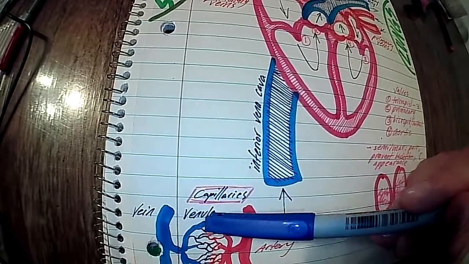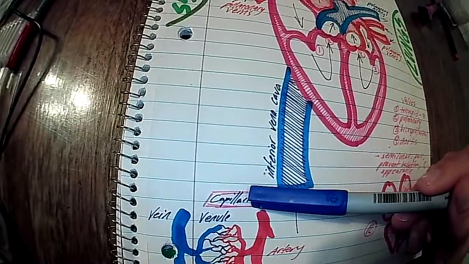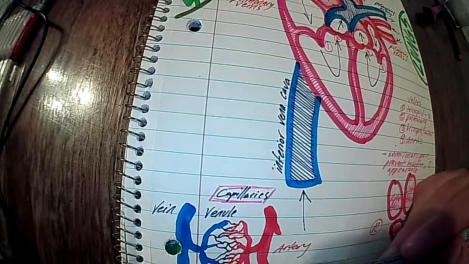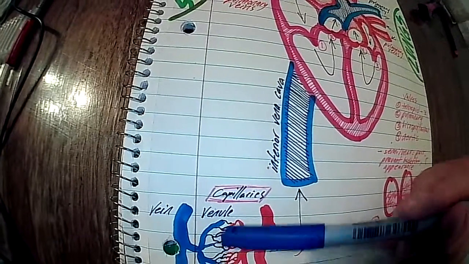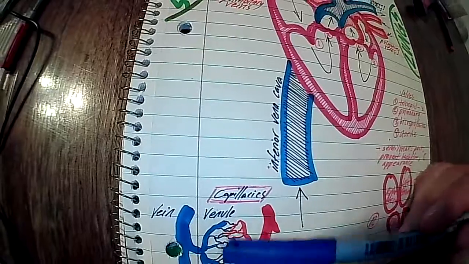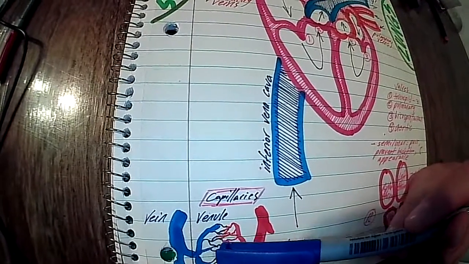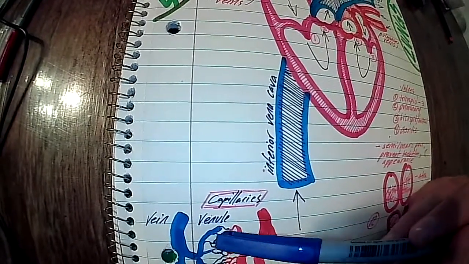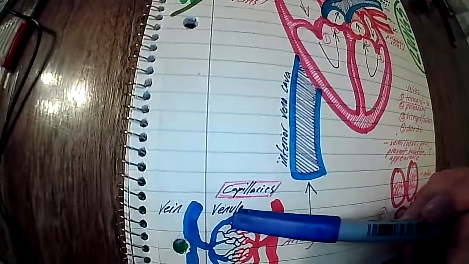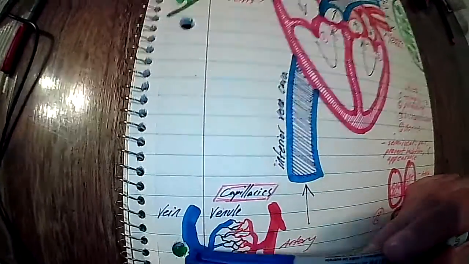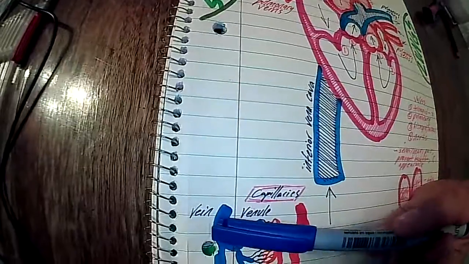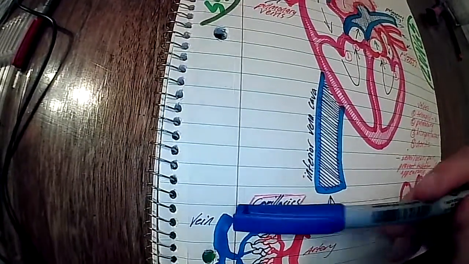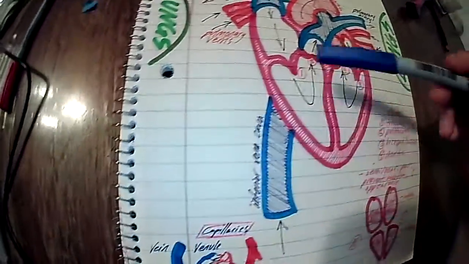So this cross section is the capillaries, where you have the exchange and leaving of oxygen to the necessary organs in the body, and then the deoxygenated blood goes back into your venules, which is just a smaller vessel version of the vein, and then the vein brings it back to the circulatory network that takes it back to the heart.